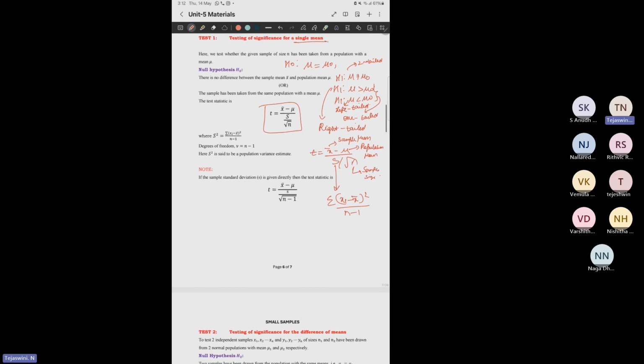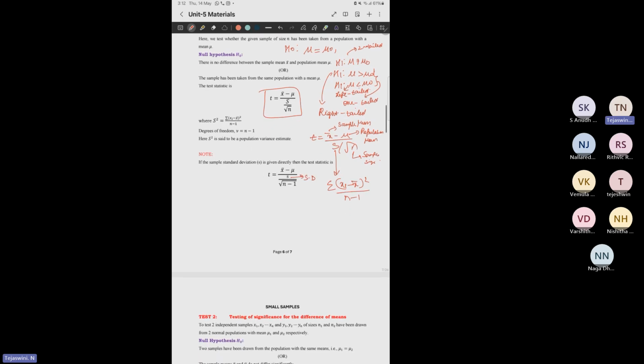Suppose the value of s, that is the standard deviation, is given to us directly, then we can use this formula. The rest of the parameters will be the same. This will represent sample mean, population mean, and this is degree of freedom, which is equal to n minus 1.